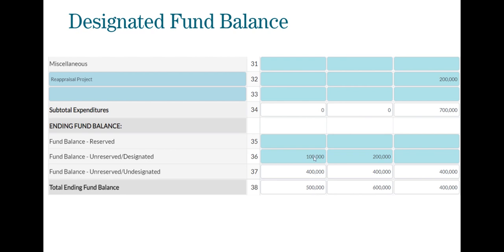But our board said, okay, there's 500,000, but 100,000 of that is actually set aside or designated for something we're going to do in a couple of years. So really all that's left for any particular purpose or emergency or just that savings is 400,000.